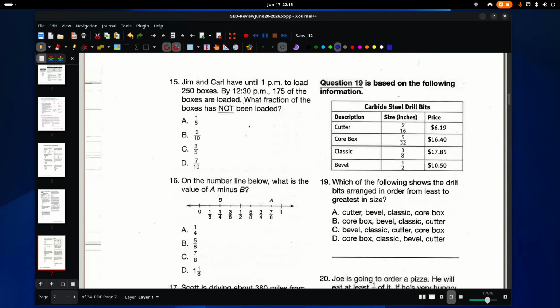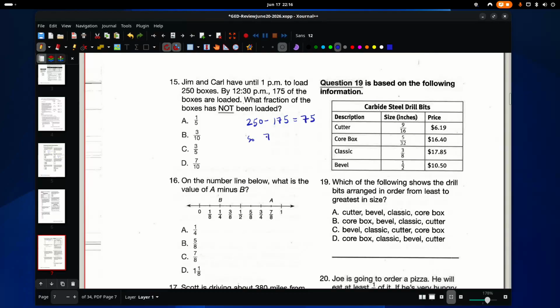And so they want us to find out how many have not been loaded, so we take 250 and we can subtract 175, because that'll tell us how many boxes have not been loaded. So 250 minus 175 gives us 75. So 75 boxes have not been loaded.